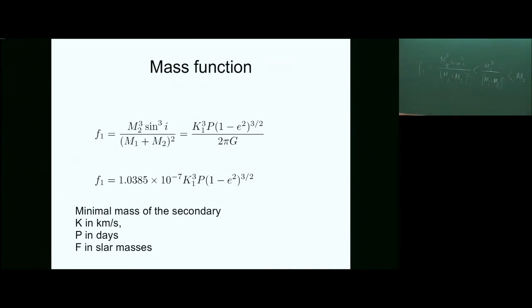Because if the inclination is close to 0, then this binary will not be identified as a spectroscopic binary, because there will be no motion along the line of sight.